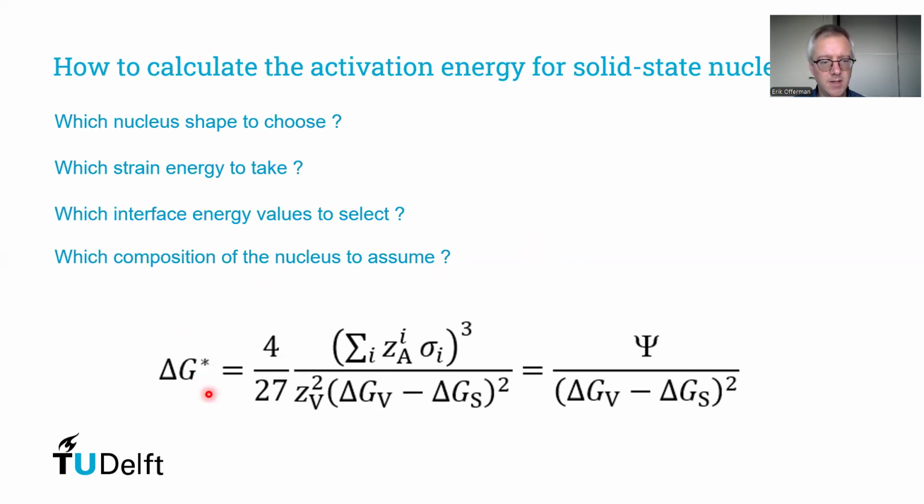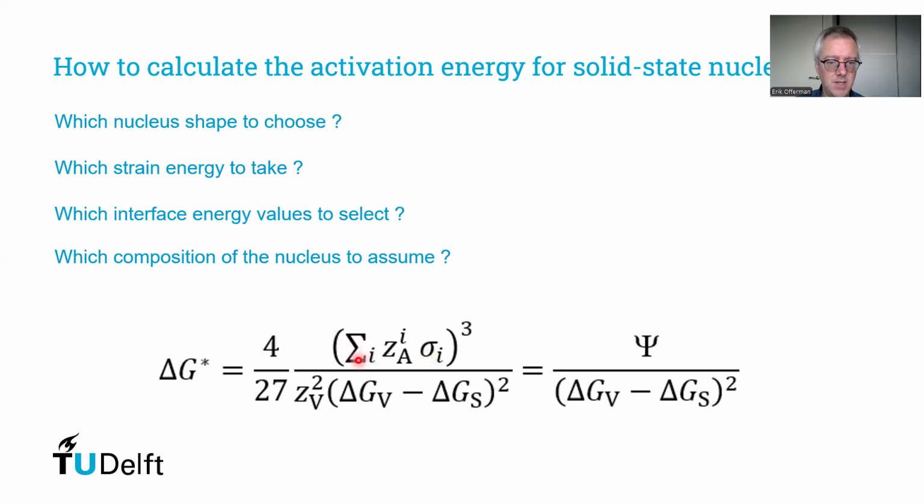So one way of writing the activation energy for nucleation is in this form, where you see geometrical factors which are related to the area of certain interfaces of the nucleus and the associated interface energy.